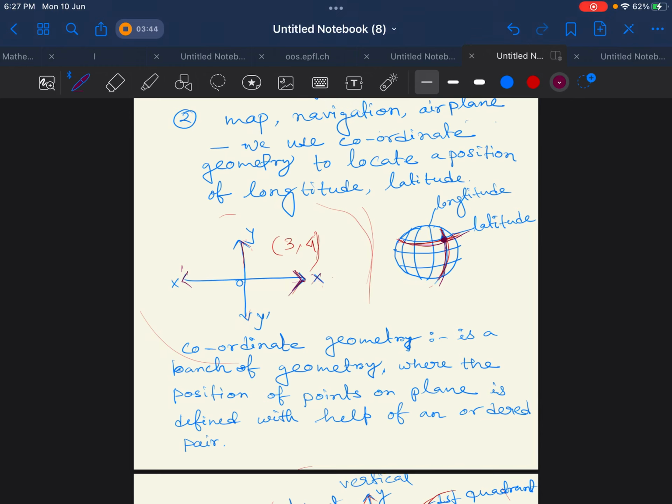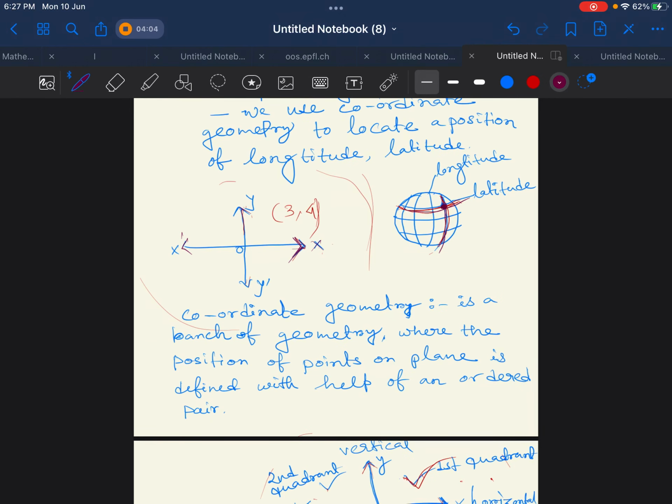This is the vertical line. Okay, so x dash is a horizontal line and this y dash is a vertical line. This is the y-axis.